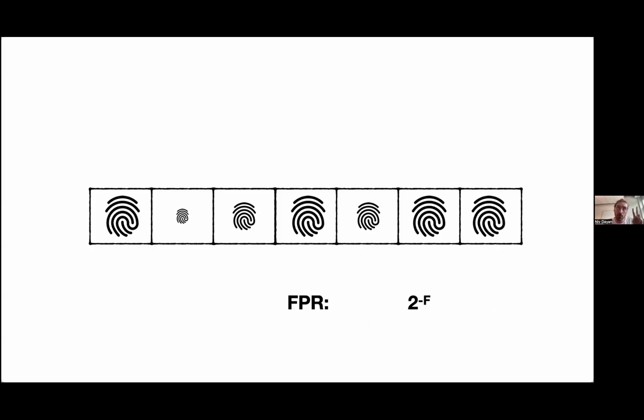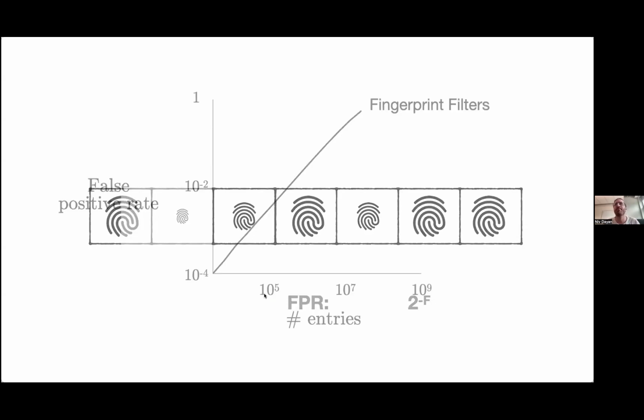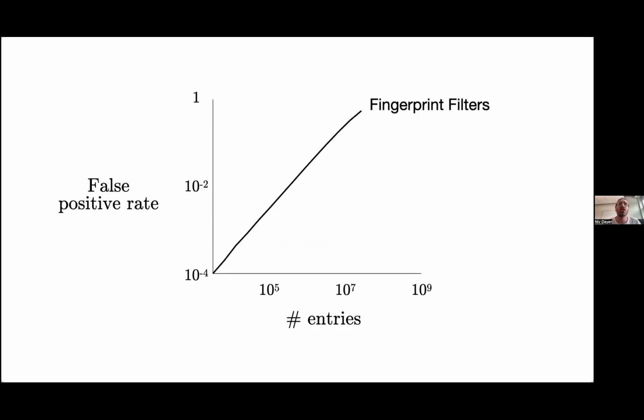Okay, so basically you have these two methods, right, of stabilizing the false positive rate. And here is just kind of a crude comparison of these false positive rates. So in this experiment, you're measuring the false positive rate as you increase the number of entries in the filter on the x-axis. And so the false positive rate for the traditional fingerprint filters is linearly increasing.